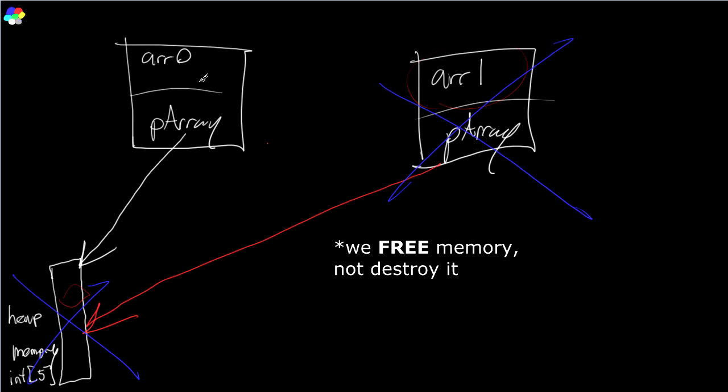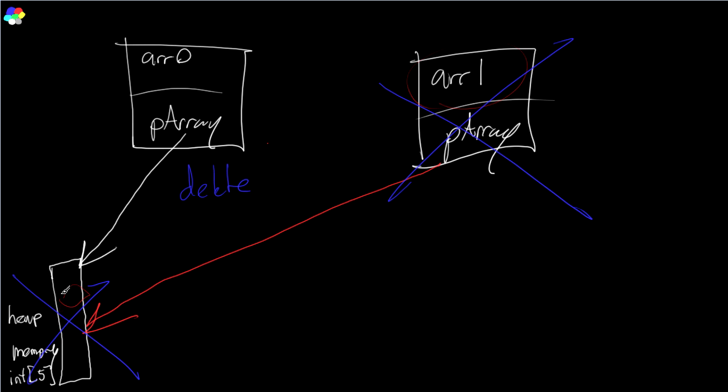Now R0 is pointing to some memory that it no longer owns because it's been destroyed. When it tries to call delete on this memory that it doesn't own, the function is going to throw an exception, and the program is going to crash because you can't delete memory if you don't own it anymore. So that is why the program is basically crashing at the end there.